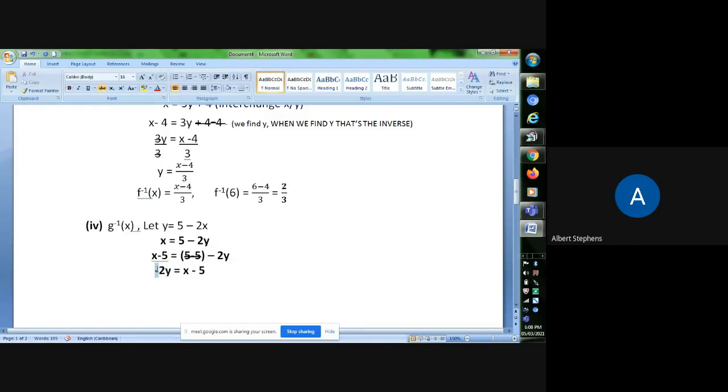To get rid of the negative 2, we divide both sides by what? By negative 2. So it's negative 2, negative 2. And this will cancel out.